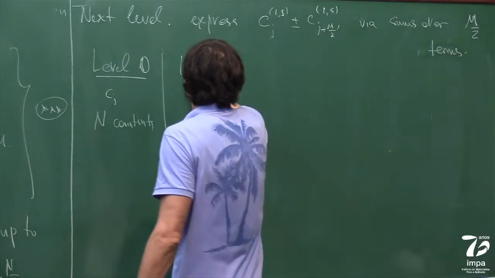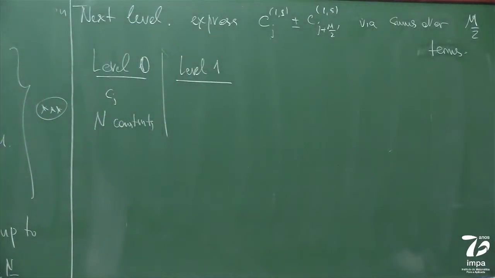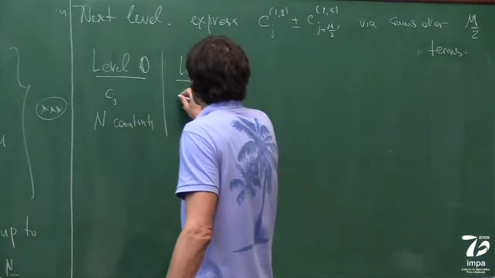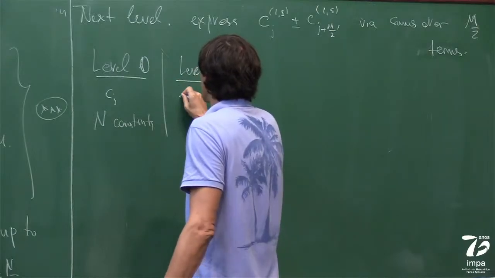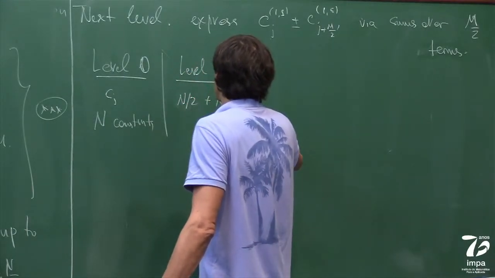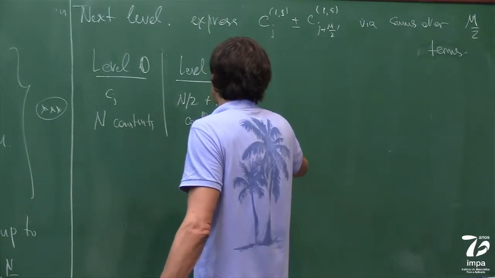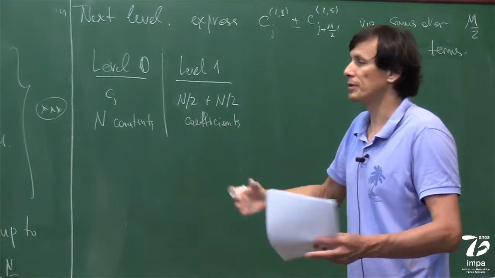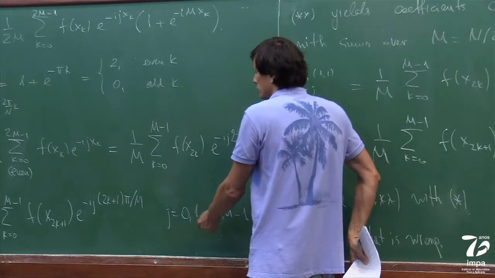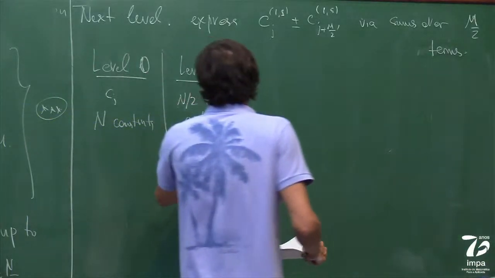So the next level, to which we came right here, gives us 2 groups of coefficients, n by 2 plus n by 2 coefficients. So we split it into two groups, but each of the groups is given by sums which are twice smaller. But we don't compute these sums.